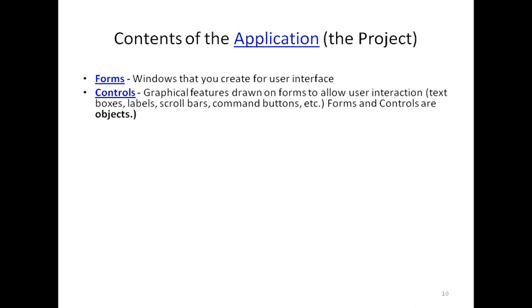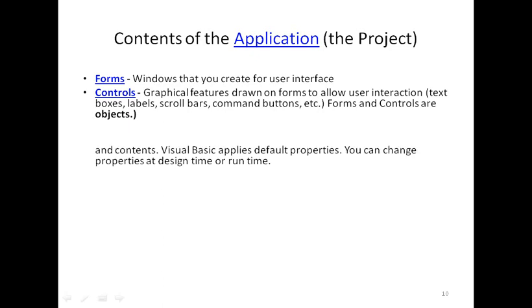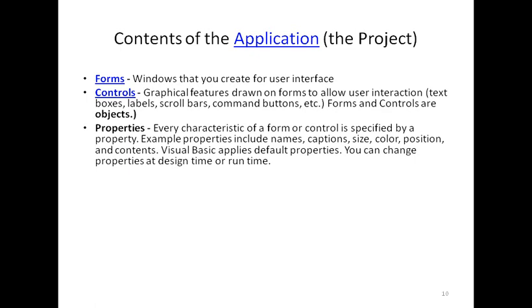Contents of the application project. The application project contains forms, which are windows that you create for the user interface. Controls, which are the graphical features drawn on the forms to allow user interaction, such as text boxes, labels, scroll bars, command buttons, and so on. Forms and controls are objects, acting like objects in third generation programming languages.